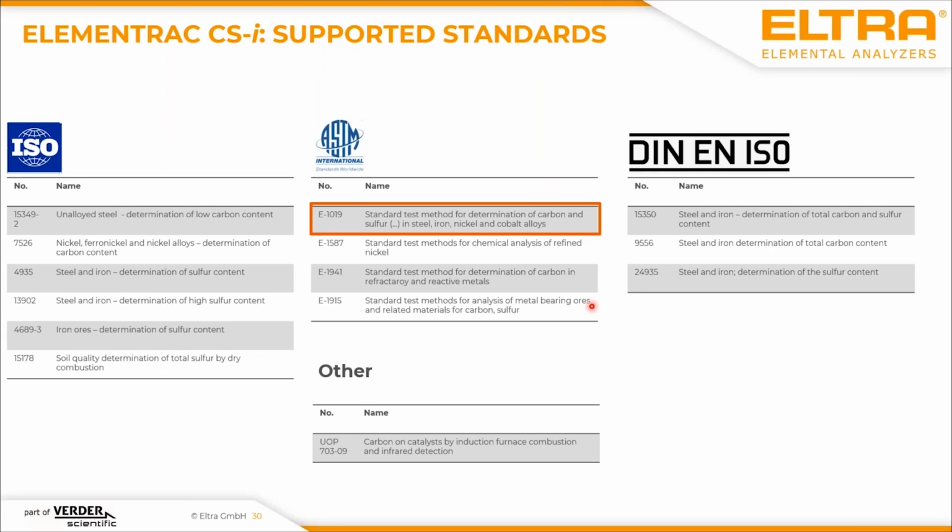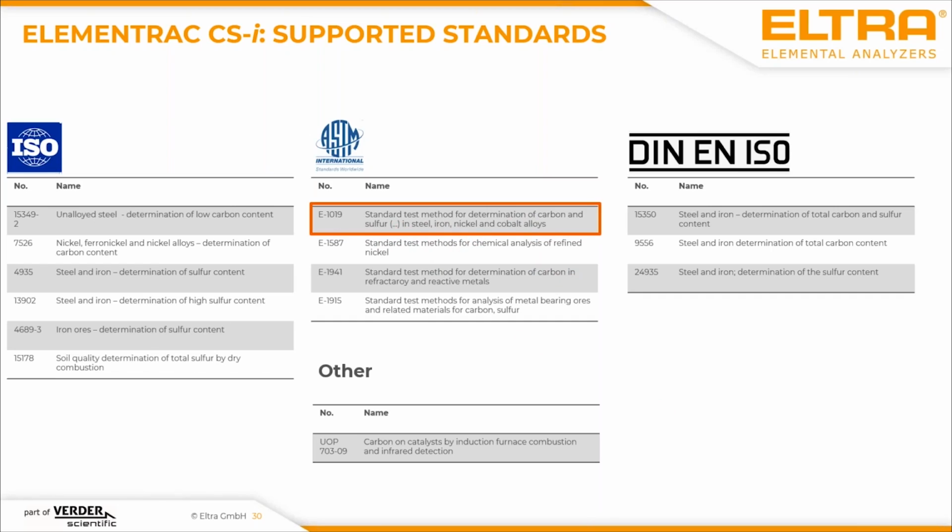Since Ultra actually complies to all relevant norms in the field, I'm not mentioning all of them, but I pick one of the most important or most used, most typical norms out. It's the E1019 ASTM norm, called Standard Test Method for Determination of Carbon and Sulfur in Steel, Iron, Nickel, and Cobalt Alloys.